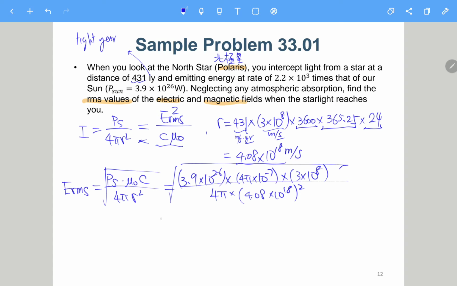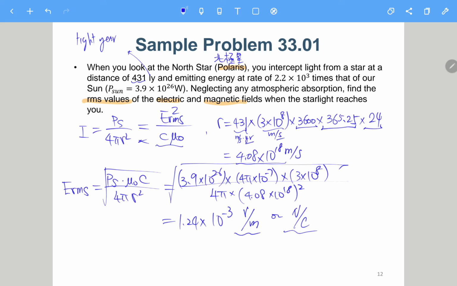So ERMS is 1.24 times 10 to the negative 3rd power. You can use volts per meter or Newton per coulomb.